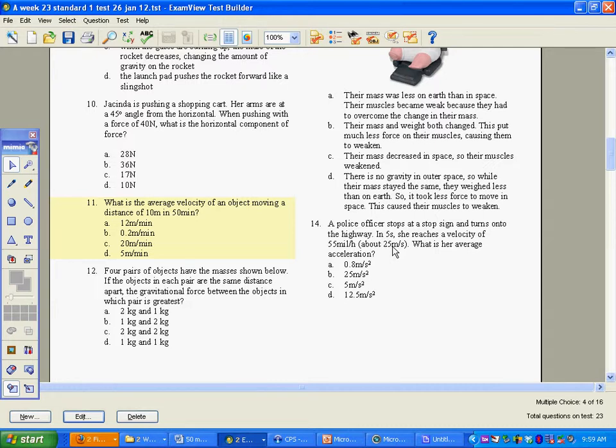Our velocity change is 25 meters per second divided by 5, and what did you get? I put D. Oh my gosh. How many of you put D? Okay. Now let me tell you my little trick here. Y'all listen very carefully.